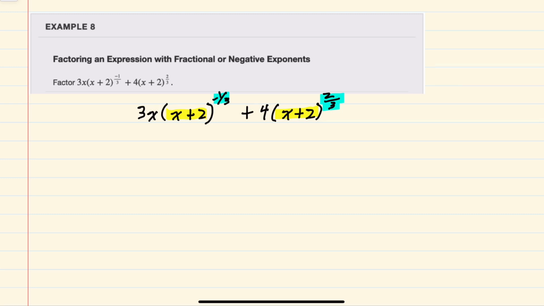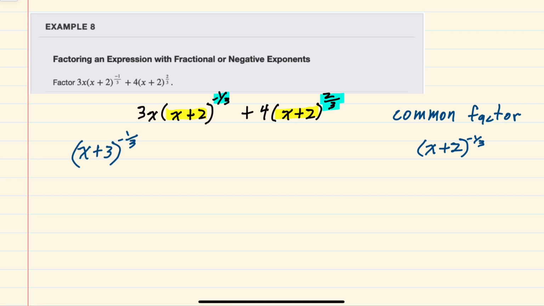And I recall that our common factor will be that portion that both terms have in common, so the x plus 2, but raised to the lowest power. So the smallest power here is that negative 1/3. This is our common factor. So this is what we will be factoring out.